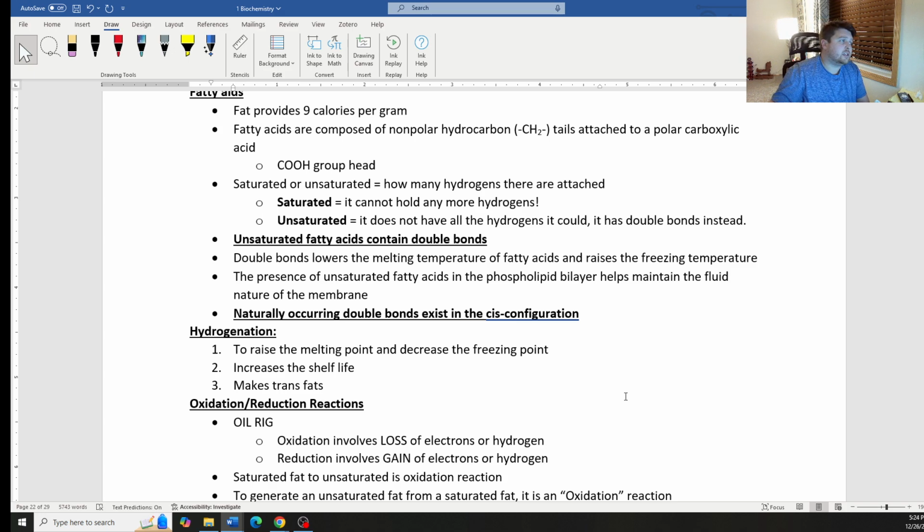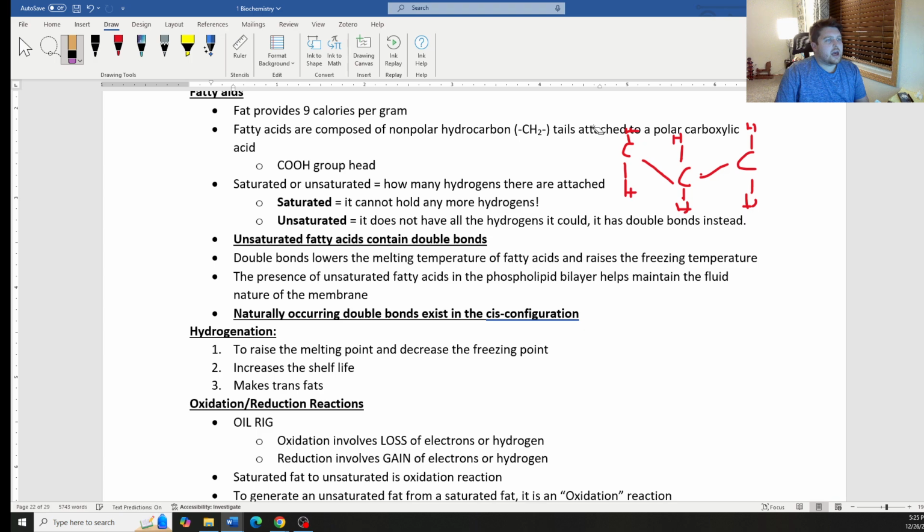As we know, every carbon has 4 valence electrons, so they're looking to bond with 4 different things. In most of the chains, they are bound to another carbon on either side, and so they will have 2 hydrogens. So if every single carbon is full up on hydrogens, that is a saturated fat.